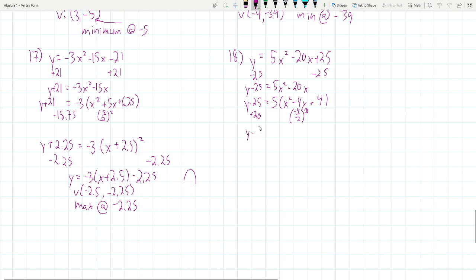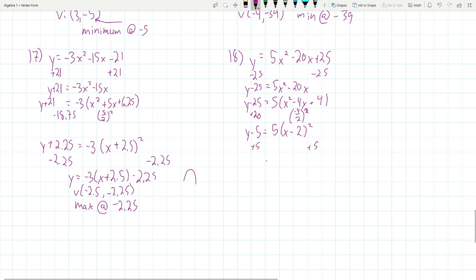And so I get y minus 5 equals 5 times x squared, x plus 2 squared. Or no, in this case it's minus 2, isn't it? Because it's negative 4 divided by 2. So x minus 2 squared.